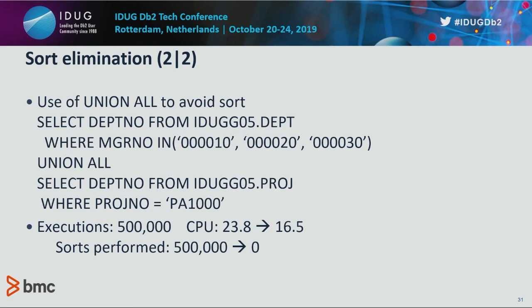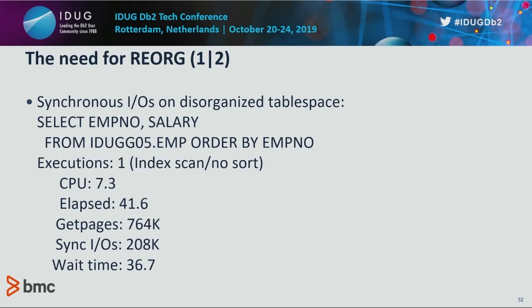So another technique to eliminate sort would be to have a clustering index. If there's a column that you typically order by in your result, then that order by, in this case, order by empno, could be covered by an index, a clustering index on empno, to take advantage of some sequential access of the rows and being able to get back an ordered set without having to invoke sort.